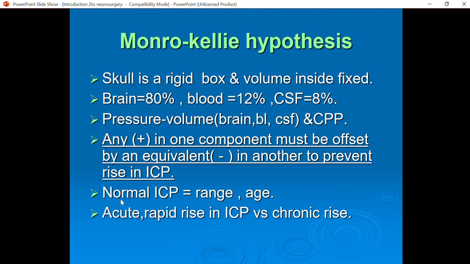The acute rise in the ICP can be tolerated up to 25 millimeters of mercury, while a chronic rise can be tolerated even if it reaches 30 to 35, as we see in certain cases.